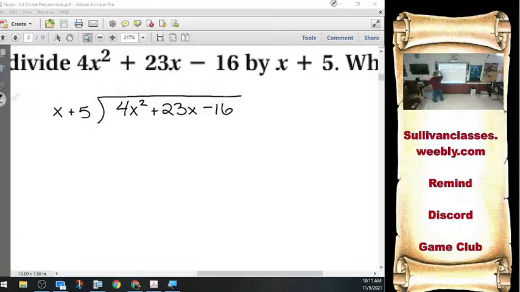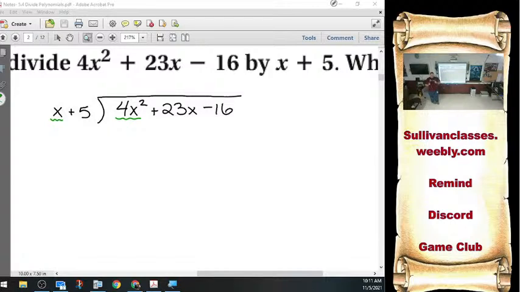You look at the leading terms. You say, this guy divided by this guy. What is 4x squared divided by x? 4x, right? I would need to take x times a 4x to make 4x squared.